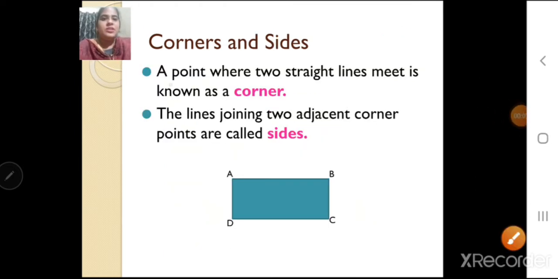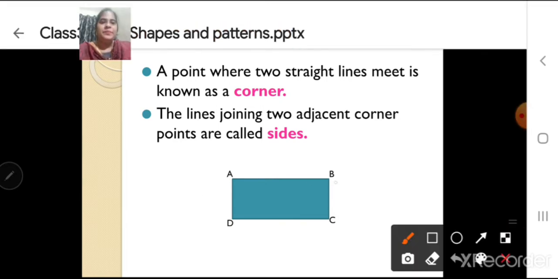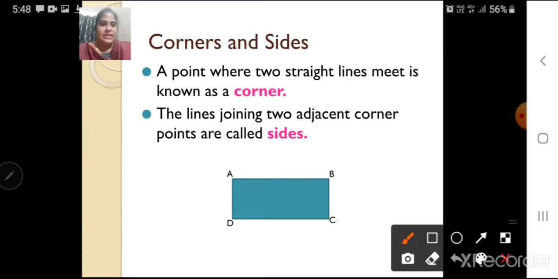As we have discussed children, a point where two straight lines meet is known as a corner, and the lines joining two adjacent corner points are called sides. So here in this rectangle we have side AB, side BC, side DC and side AD.